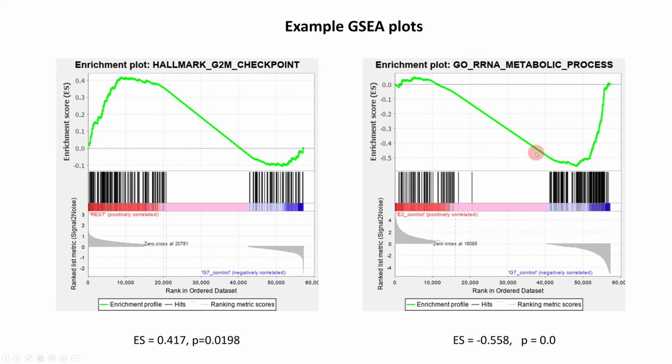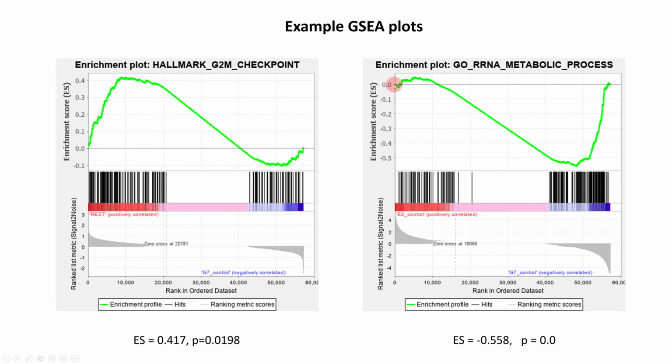Conversely, from the same data set, now we're looking at genes involved in rRNA metabolic processes. And we can see if we look at the 0 of the enrichment plot, now most of the genes in this particular gene set are actually enriched over here on the right. And this is telling us that these genes are downregulated in the experimental sample and have higher expression in the control.